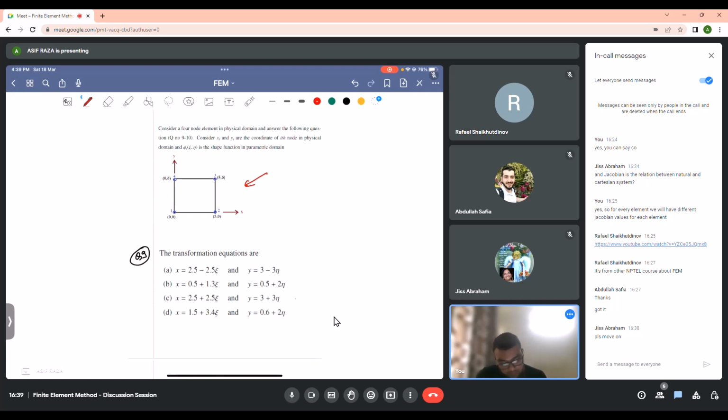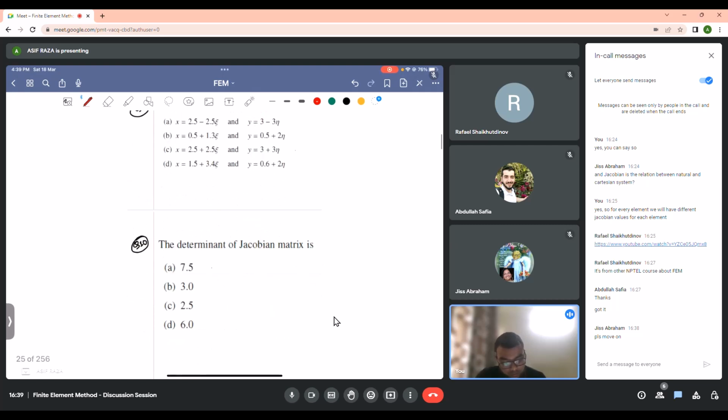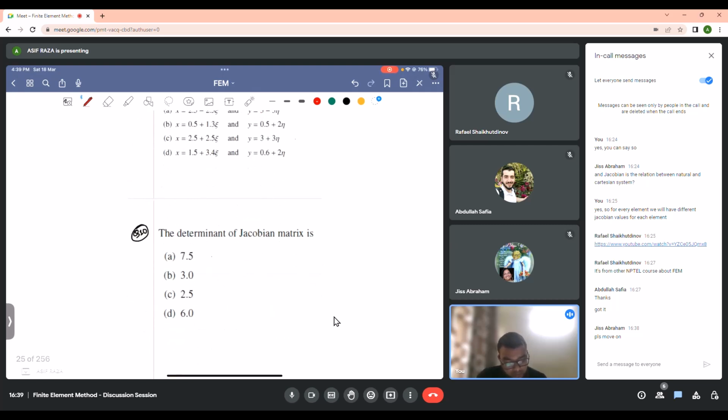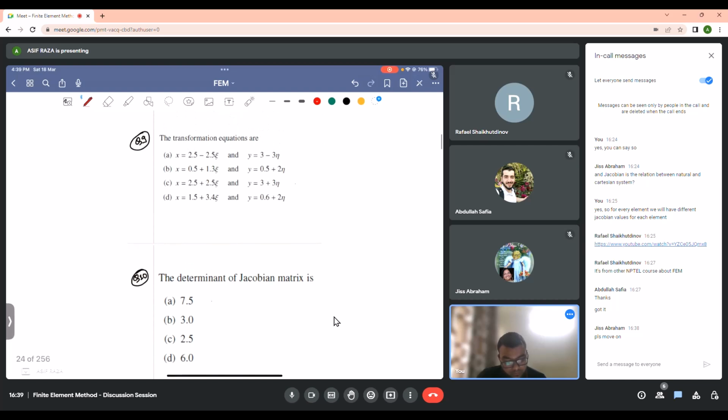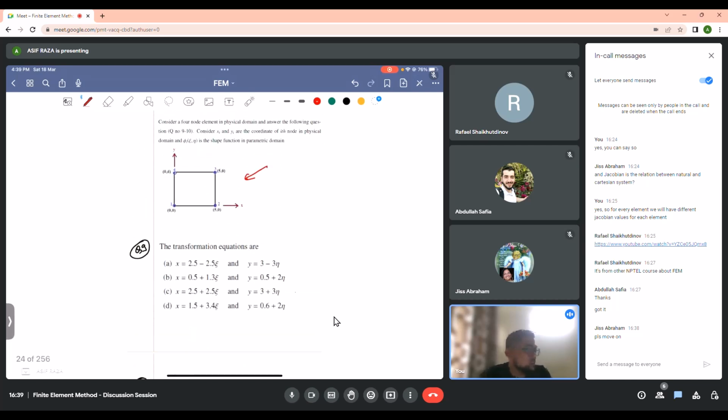The question is, the transformation equations are, the options are this, and the next question is, the determinant of the Jacobian matrix is. I'll try to solve question number 9, and using the answer of question 9, I'll ask what the answer of question 10 will be.